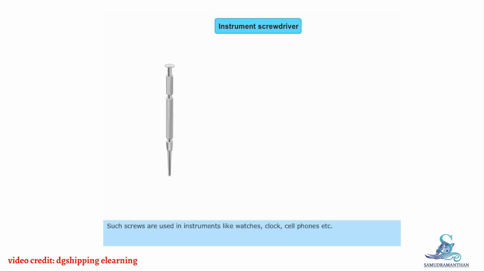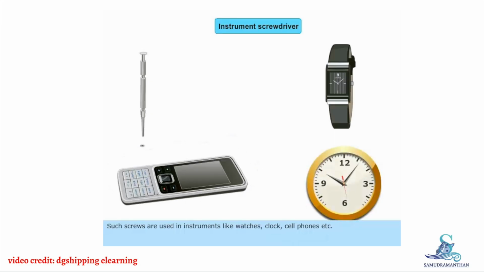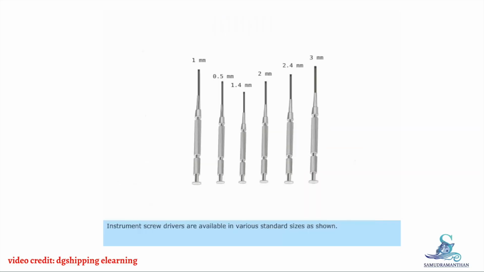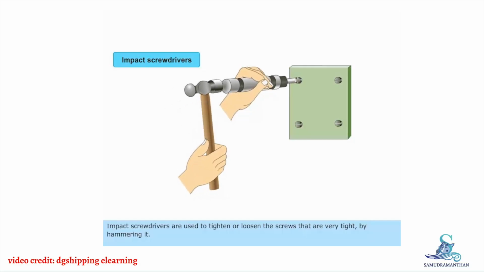Such screws are used in instruments like watches, clocks, cell phones, and so on. Instrument screwdrivers are available in various standard sizes as shown. Impact screwdrivers are used to tighten or loosen the screws that are very tight by hammering it.